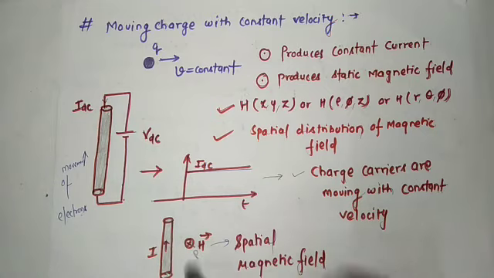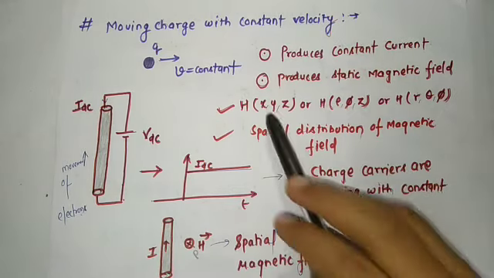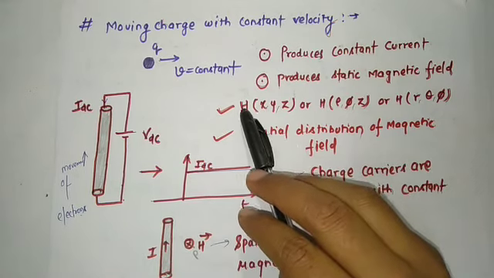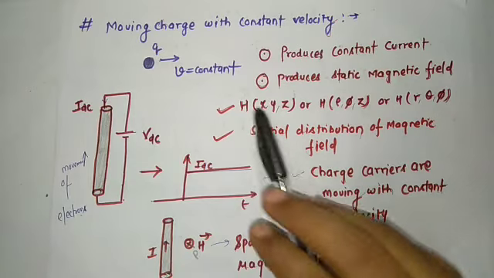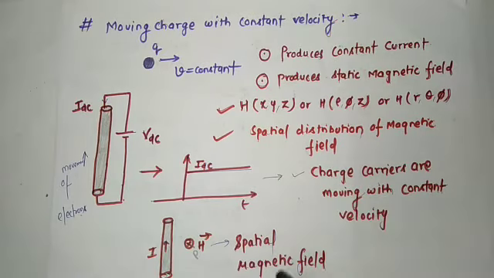It will be into the paper. This magnetic field is a function of space, so it's a spatial distribution of magnetic field. Again, you can say this magnetic field is static in nature. In both cases you saw a static field, but an antenna produces a dynamic field.